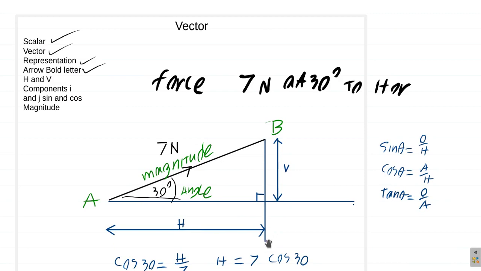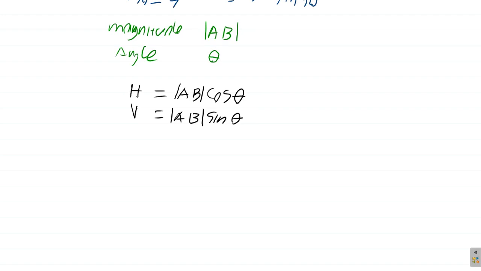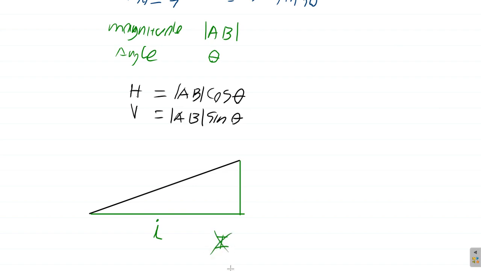Now sometimes they use i and j, just like in complex numbers, to represent the horizontal and vertical components. So if we draw the vector again, and we have the horizontal component and the vertical component, they represent the horizontal component using i, lowercase i. Remember, it's not uppercase I, that's wrong.